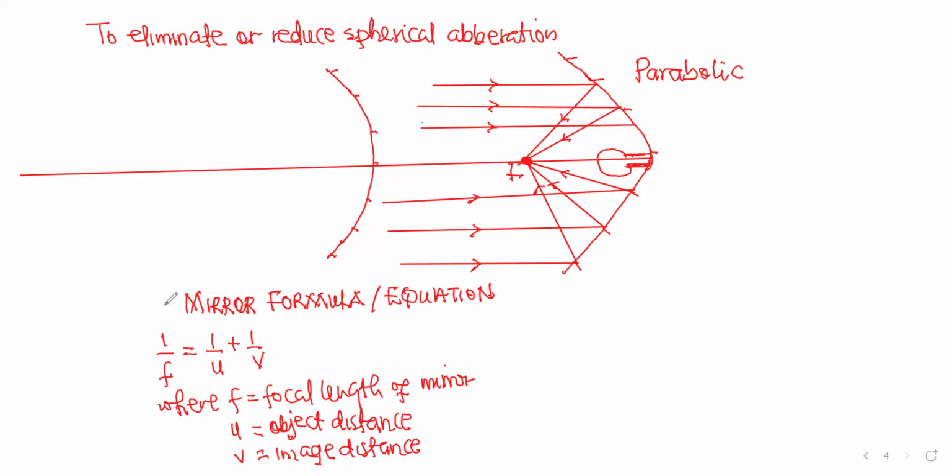We have this because apart from using a ray diagram to describe the nature of image formed, we can also use this formula to describe the nature of the image formed. So we can also use the mirror formula or equation to describe the nature of image formed depending on the values we have for image distance, F, and all that.